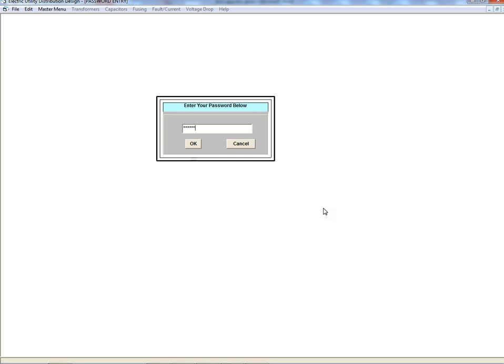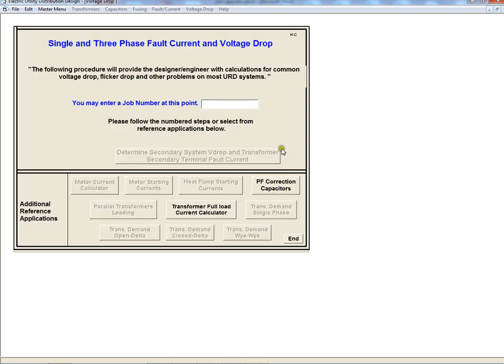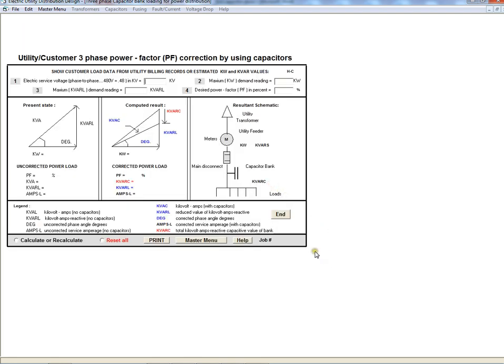Okay, I think I put the password in correctly. Let's see. No, I guess not. Let's try it again. Okay, so what happens is it brings up the electrical program with the different options available, and right now we're just talking about power factor corrections, so we'll click on that.